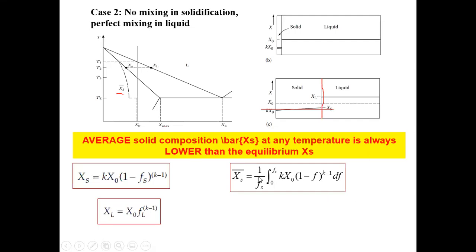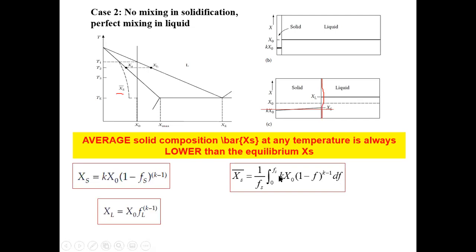To get the average, we simply need to integrate this line, get its area, and divide by this length. Then you get the average composition. Does this make sense to everyone? How do you get the area for this one? This is a nonlinear function, so you get the area by doing the integration.